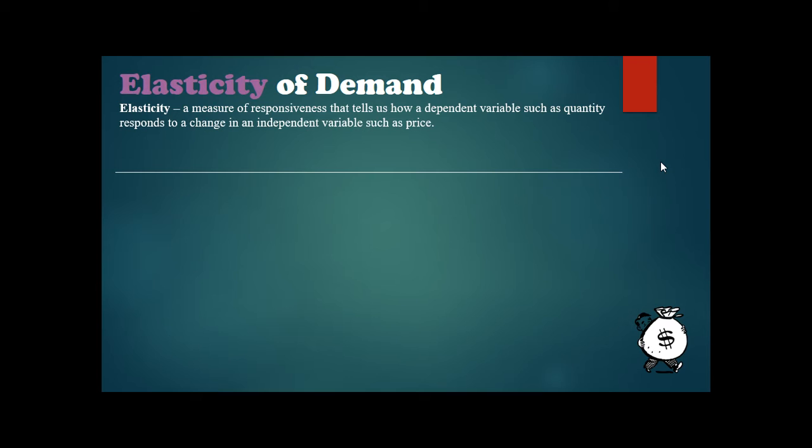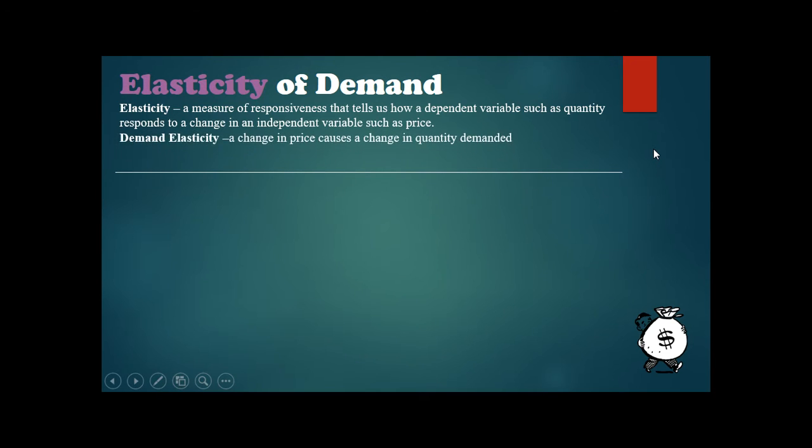It's a measure of that. You could have something that is very elastic or very inelastic, and it's going to be based on how much the dependent variable such as quantity, so how much that x-axis changes, based on the independent variable that's price. So is it going to be a very flat line or a very vertical line based on the elasticity? So how much is the change going to be?